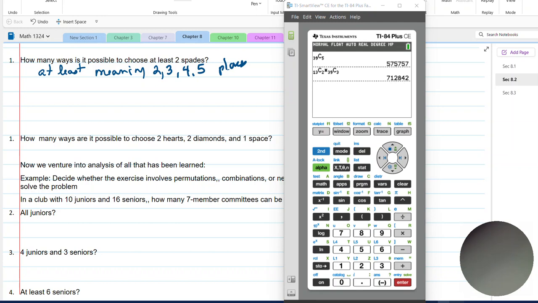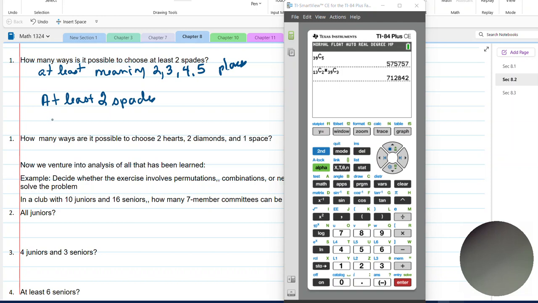Here we go. And it's combination. So I'm going to do 2 first.